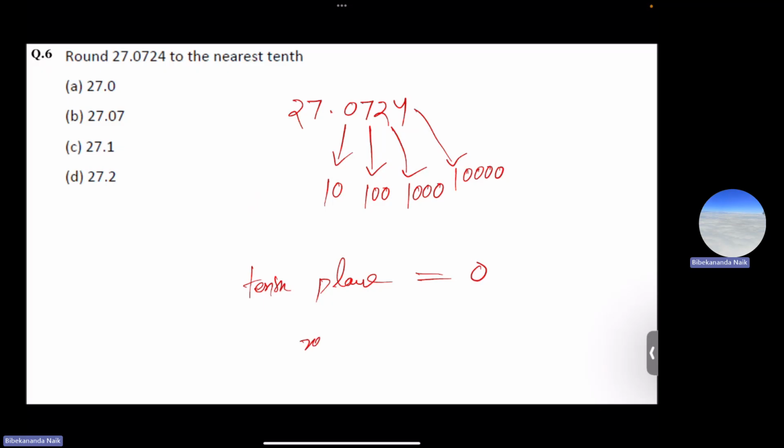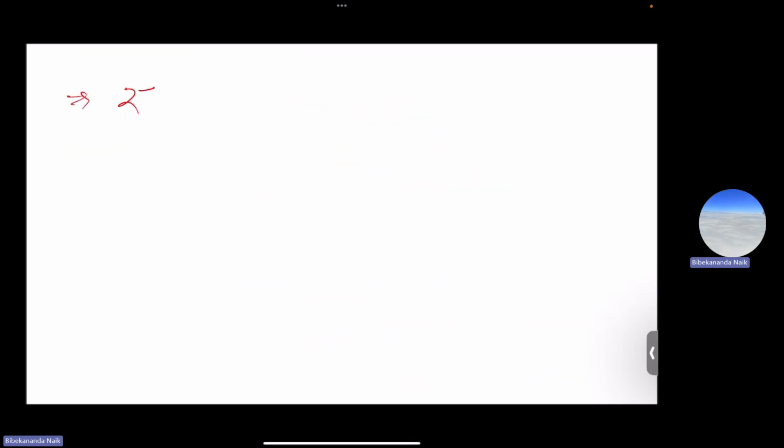The next digit after 0 is 7. So 7 is greater than 5, so the 0 will be changed to 1. So 27.0724, when we convert it to the nearest tenth, it will be 27.1.